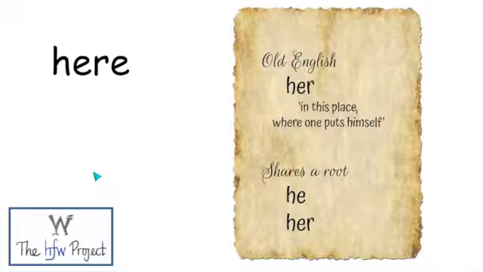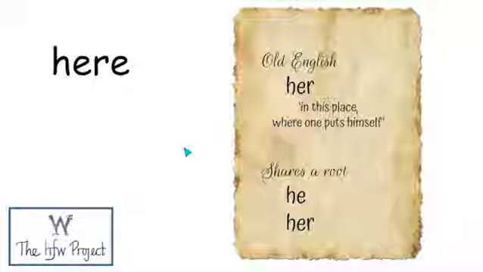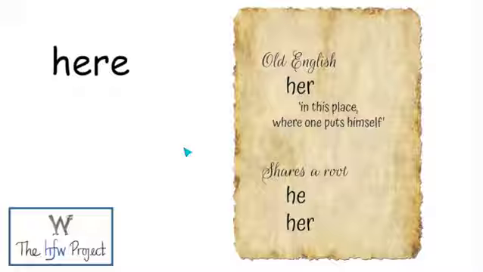So the meaning has stayed the same. That same Old English root of her is connected to the words he and her as we use now. But at this time, when people are saying her, they're talking about this place as opposed to a girl. Notice similarities here in spelling.